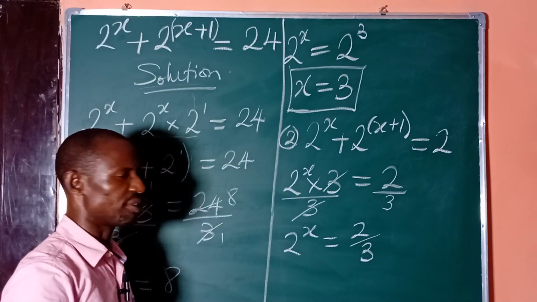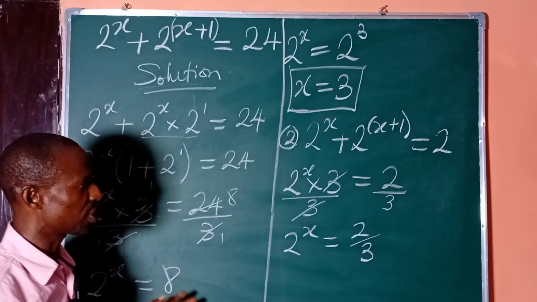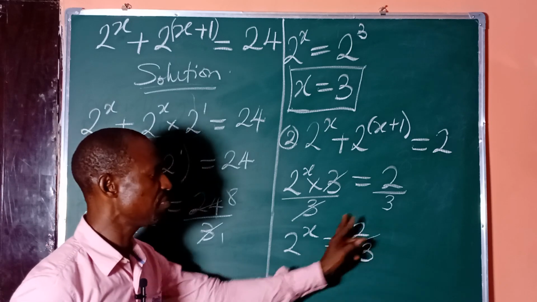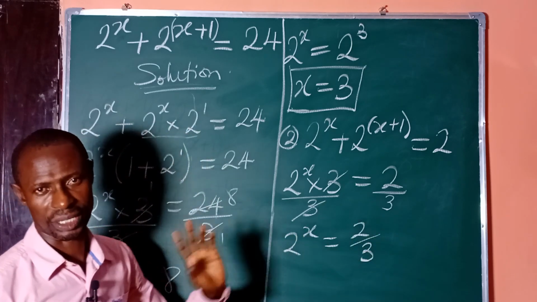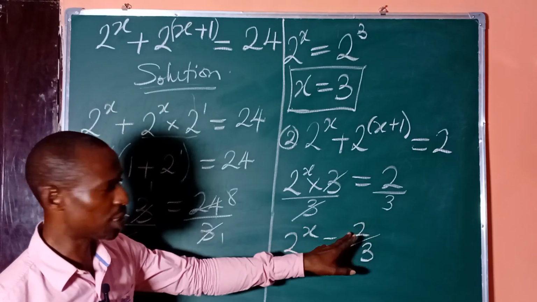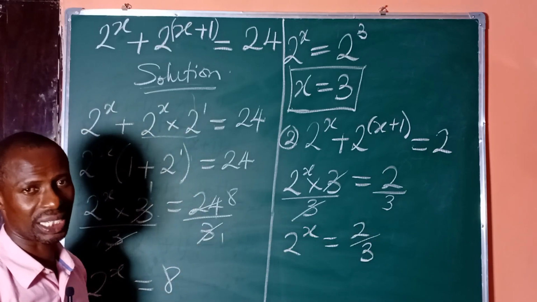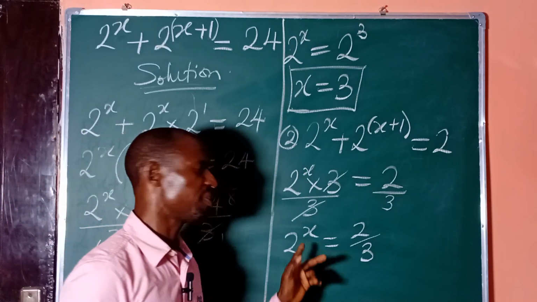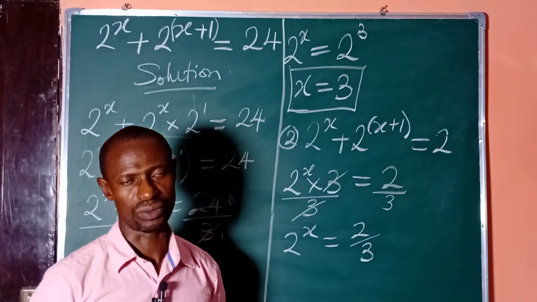So how do we get the value of x from here? It is pretty easy. We cannot express this in base 2: the top can be expressed in base 2, as 2 to the power of 1, but the 3 in the denominator cannot. So the only way to solve for x at this point is to log both sides of the equation.